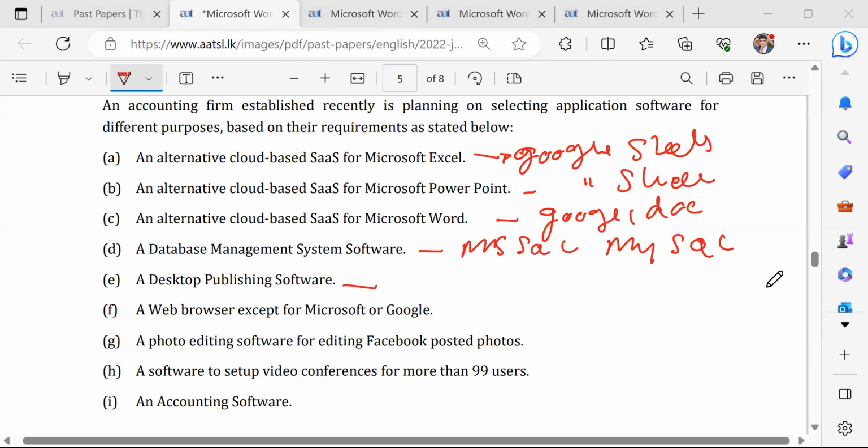Wait, B is the alternative. Sir, is Canva acceptable for B? B is asking about Microsoft PowerPoint. Canva is an alternative for Photoshop, right? Canva as the answer for that. Desktop publishing software, right?